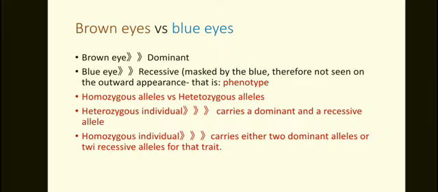Homozygous individuals have one form of the same gene, just one type of allele. You will understand it later.